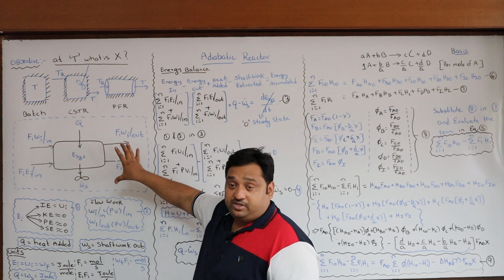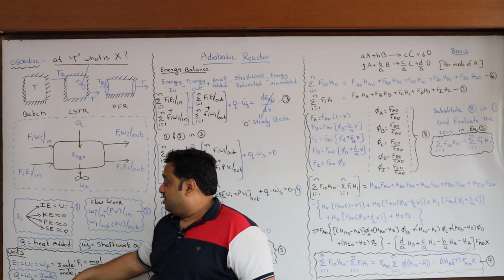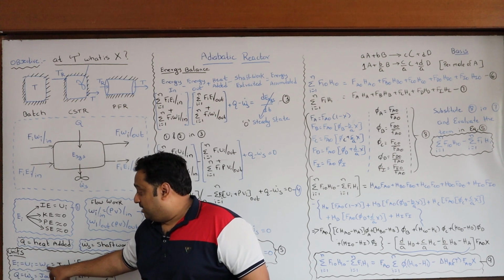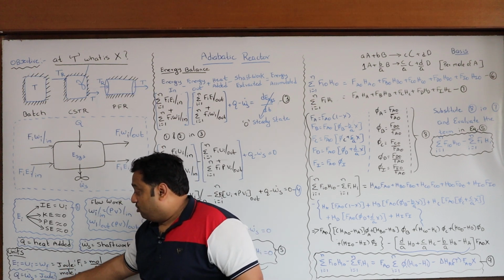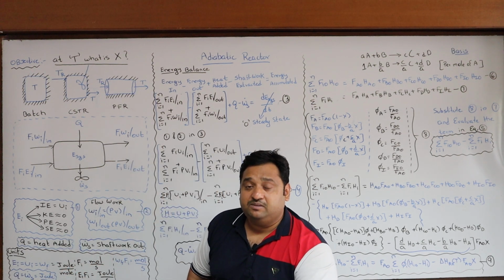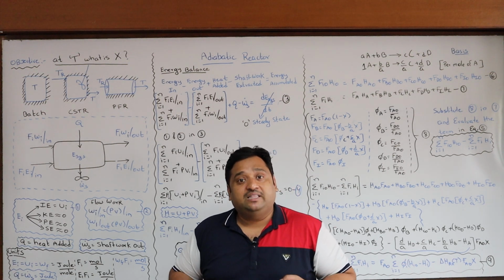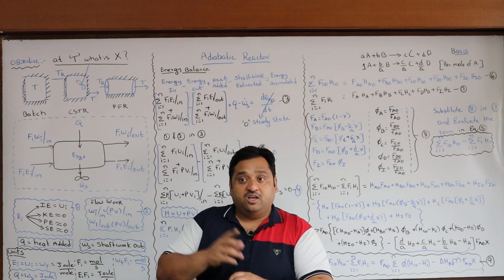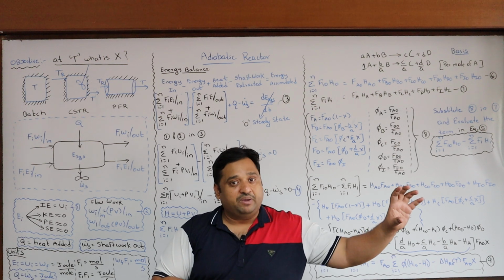Once you know the plot, I have given what Q is, what Ws is, and the units of Ei, Ui, Wi, joule per mole, and Q, joule per second. Everything in the energy balance should be in terms of joule per second. That means I am counting the energy in terms of time: every second, how much energy is going into the system, and every second, how much energy is coming out of the system.